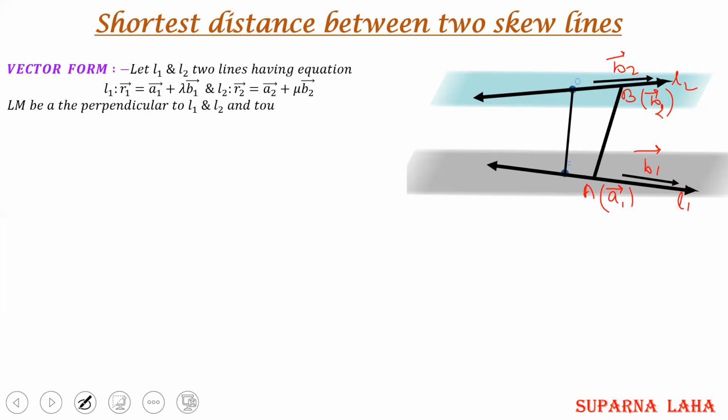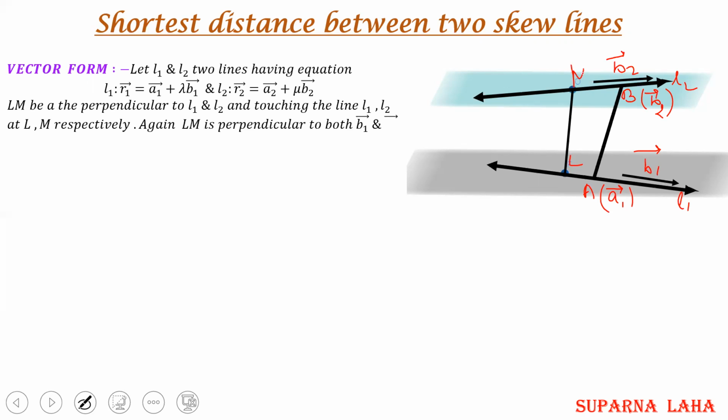Now, taking ALM as the perpendicular, where this is L and this is M. Since ALM is perpendicular to both lines L1 and L2, it is perpendicular to B1 and B2 also, since B1 is parallel to line L1 and B2 is parallel to line L2. So LM is parallel to B1 cross B2. This one is B1 cross B2, right?